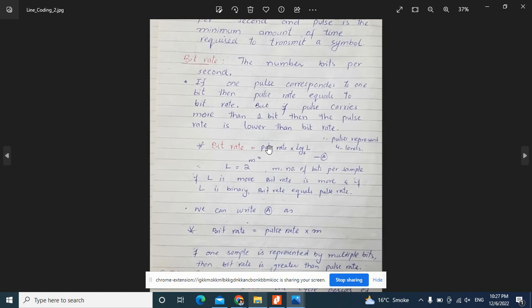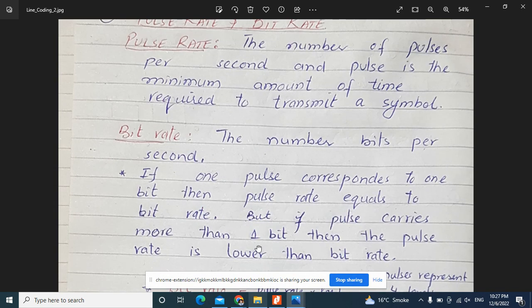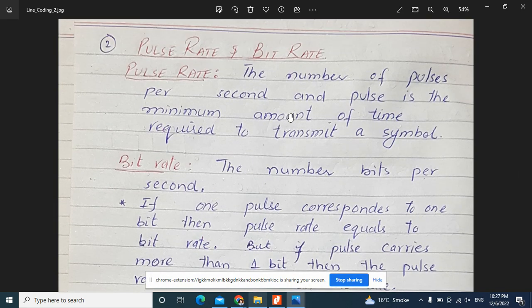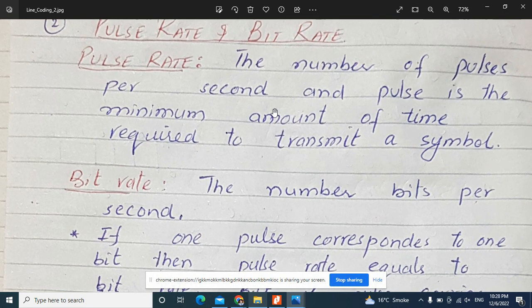Similarly, the second characteristic was pulse rate and bit rate. The pulse rate is defined as the number of pulses per second, and a pulse is the minimum amount of time required to transmit a symbol.